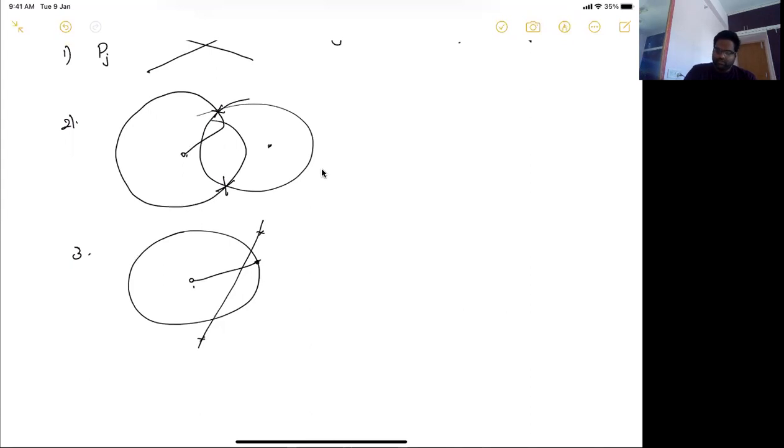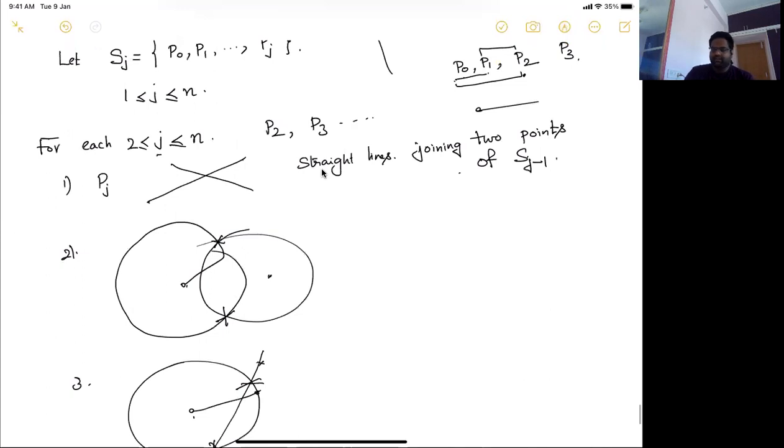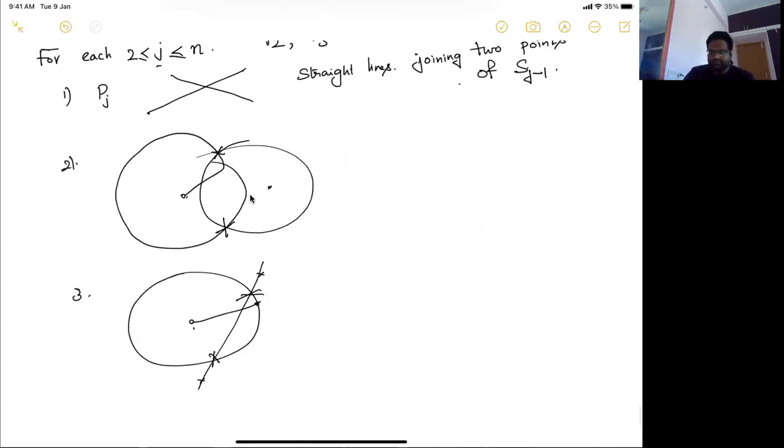So if the given point is obtained either as an intersection of 2 straight lines, or intersection of 2 circles, or intersection of a circle and a straight line.